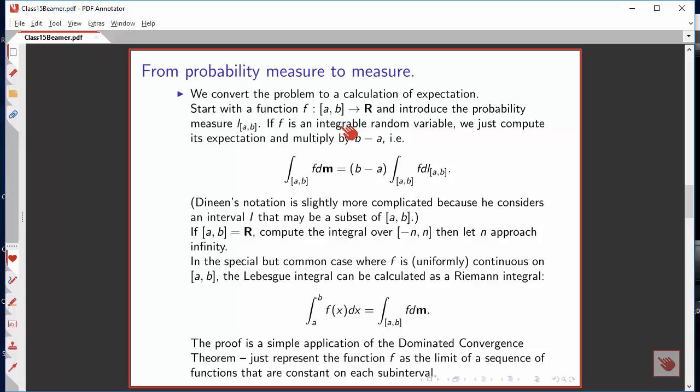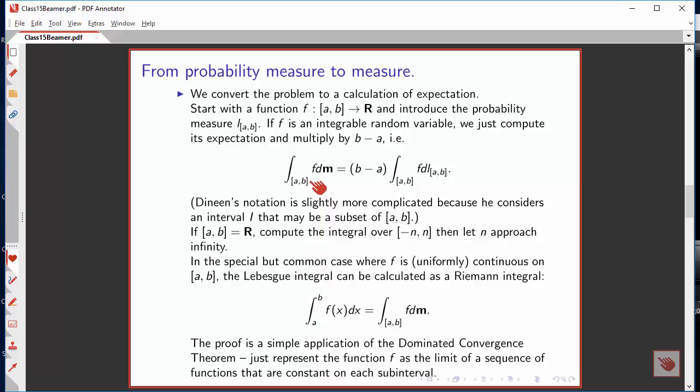If f happens to be an integrable random variable, we already know how to compute its expectation, and if we multiply by b minus a, then we get the integral of f over this interval using so-called Lebesgue measure.